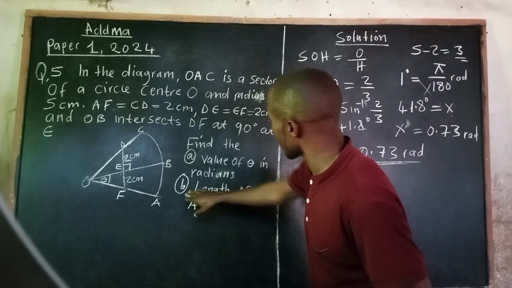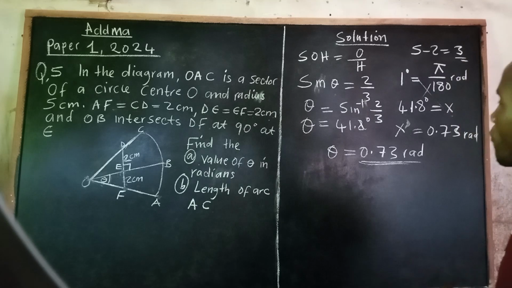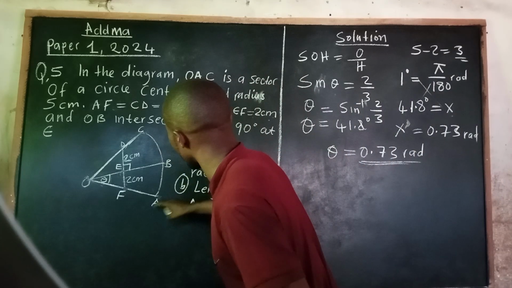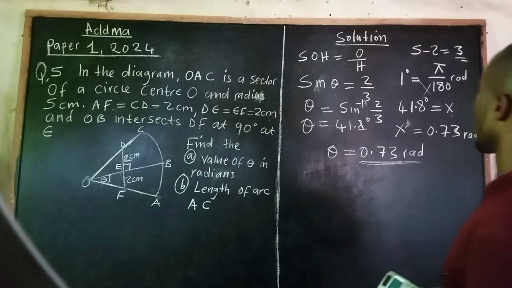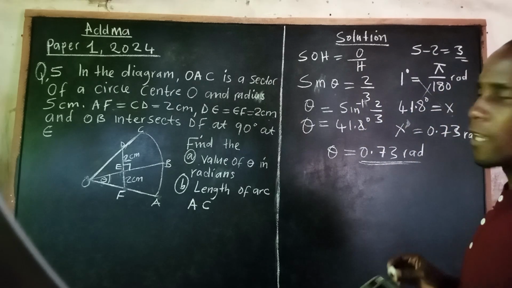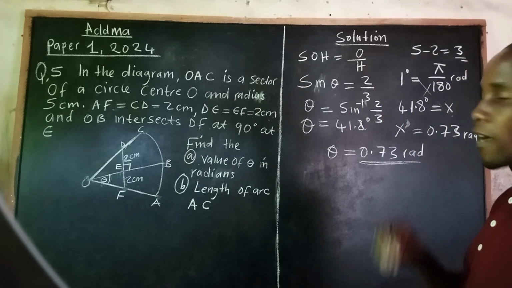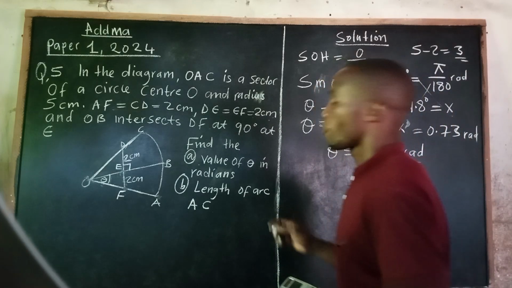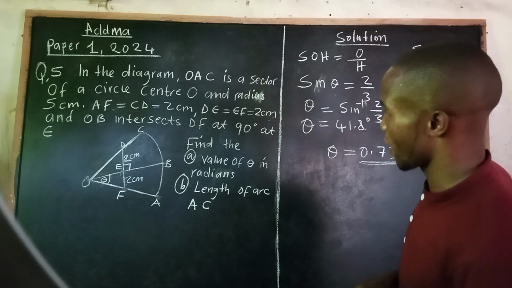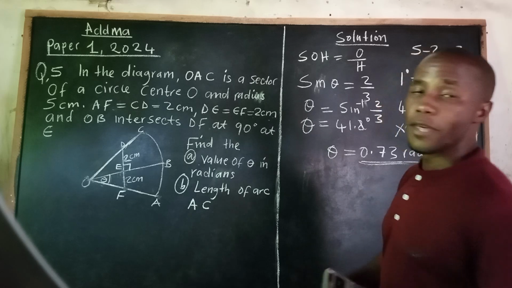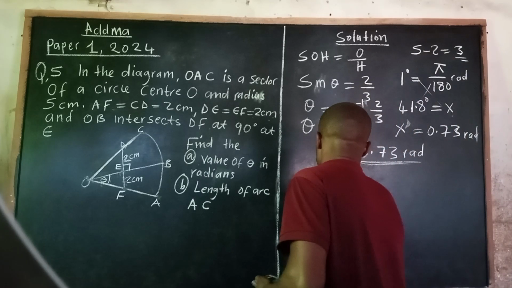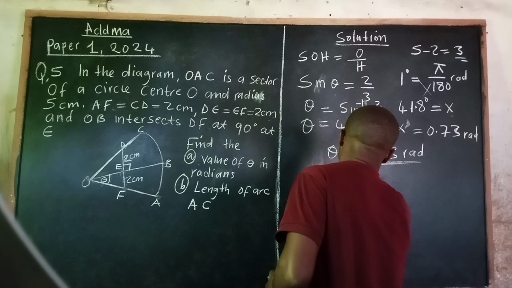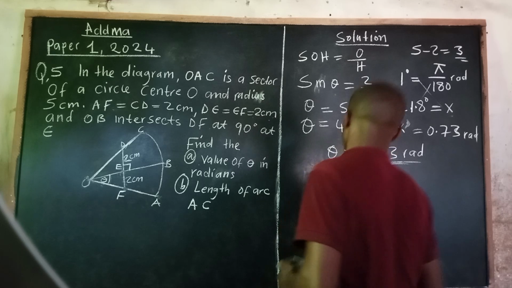Then we go to question B. Length of arc AC. Okay, length of arc AC. So now the formula for the length of an arc goes like this. First of all, the standard formula for finding theta is theta equals arc over radius.